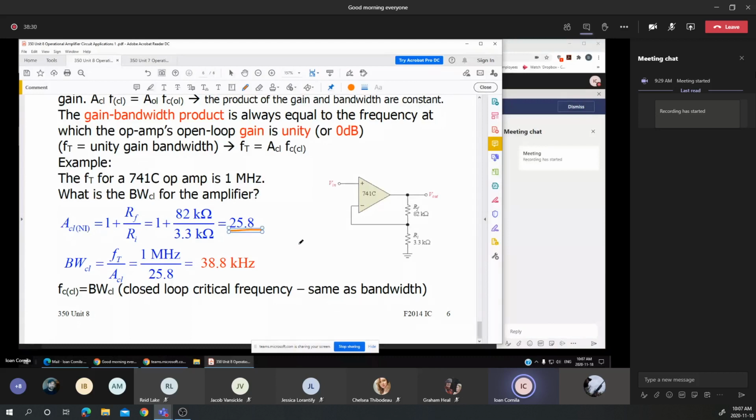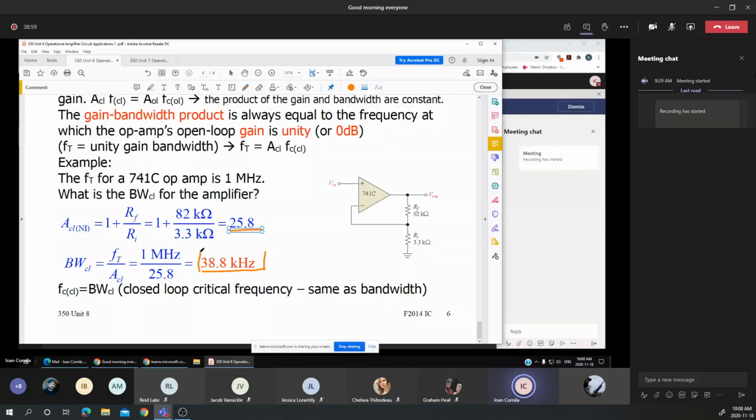Now, I mentioned that the maximum frequency is about 1 megahertz. Now we divide the 1 megahertz by the closed loop gain for the non-inverting amplifier, 25.8. We'll end up with the upper critical frequency of 38.8 kilohertz.